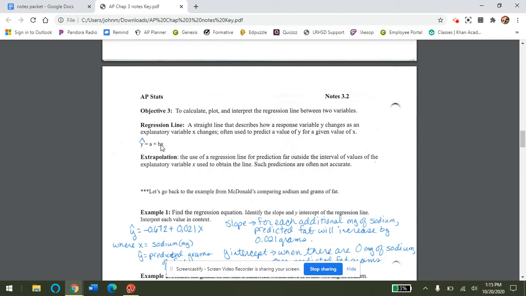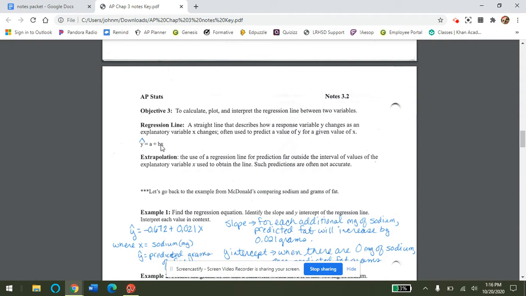So if our x's go from 10 to 30, and we have a line that works for x's being 10 to 30, and I say, now predict what if x was 100? Well, we can't make a prediction for x is 100. That line is only valid within the domain of your x's. So from 10 to 30, your predictions are valid. Lower than 10 or higher than 30, invalid predictions.